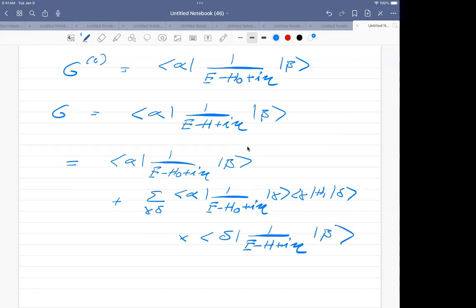Actually, if you go back to Brillouin-Wigner perturbation theory, you could have rewritten it in a similar way. We discussed that briefly a little bit earlier.